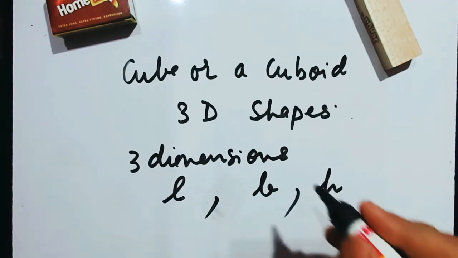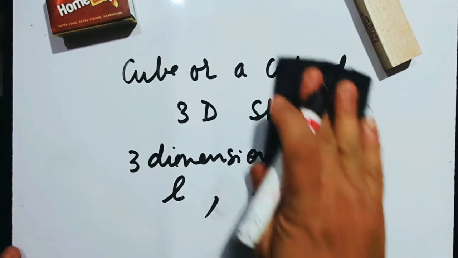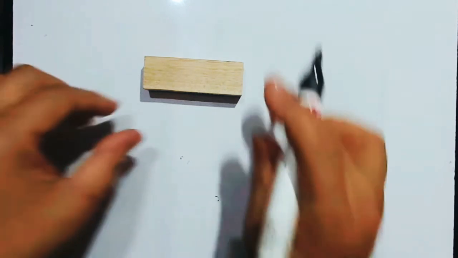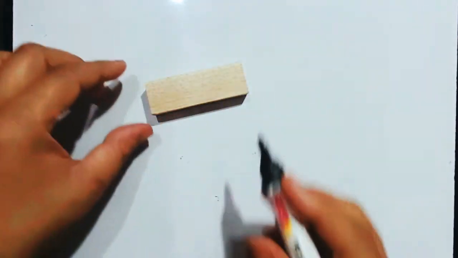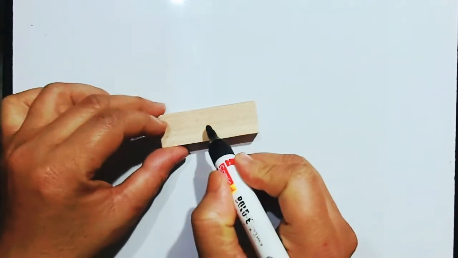Now how to play with this length, breadth and height, and what shall we be studying over here? We shall study how to find out the surface area. I am talking about the total surface area. The total surface area here includes this particular face, and the same face is over here.